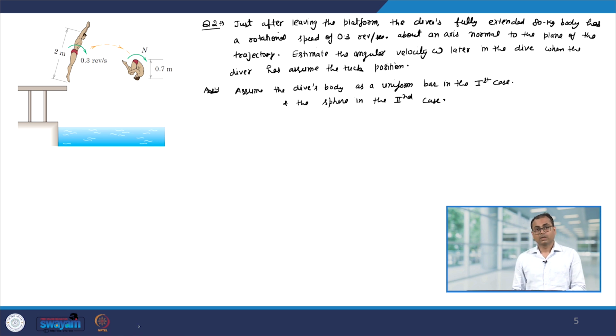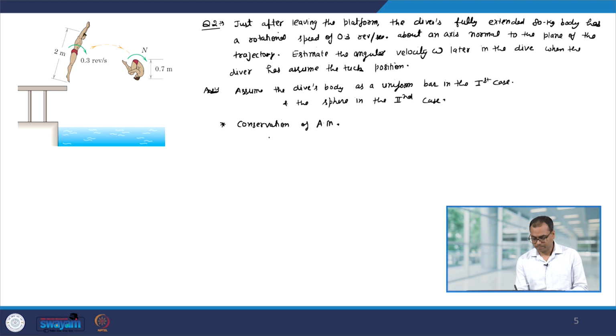Okay. So, for this assumption we can apply the conservation of angular momentum because no external angular impulse is applied. So, let us use the conservation of angular momentum.